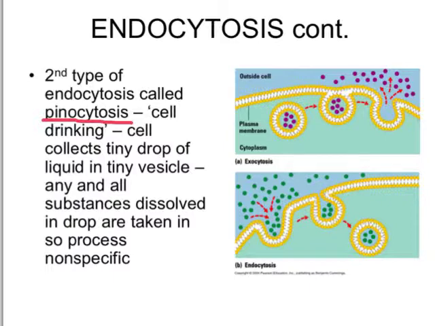It just engulfs a little bit of whatever's on the outside and brings it into a vacuole. Like we see here in the pictures, in this endocytosis, the membrane starts to pinch off and turns into a vacuole. So all the stuff from the outside is now protected inside that vacuole.